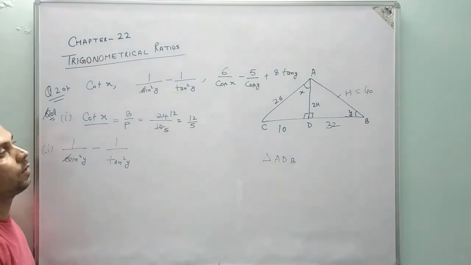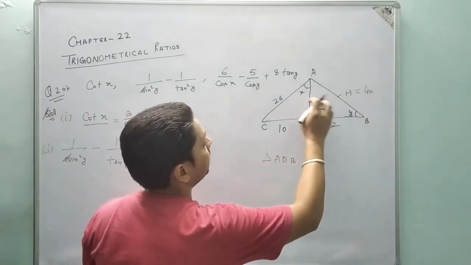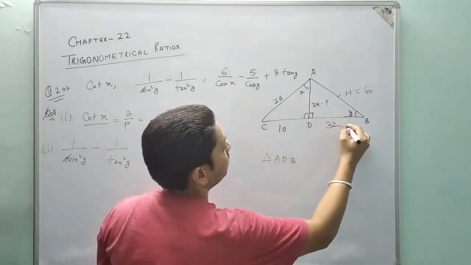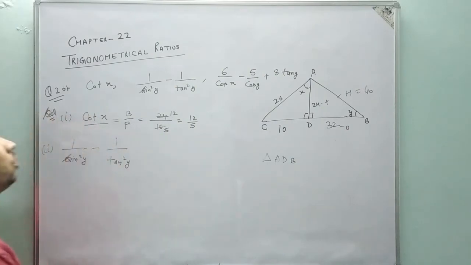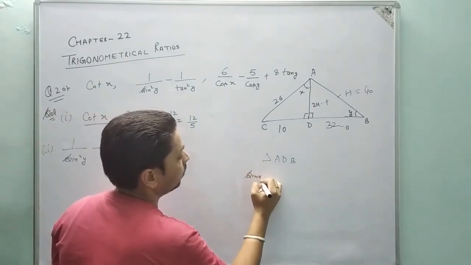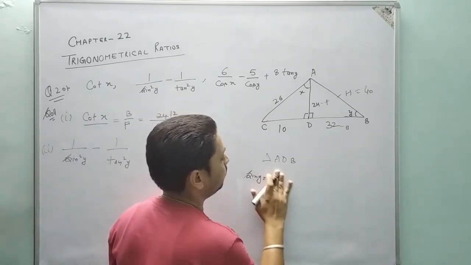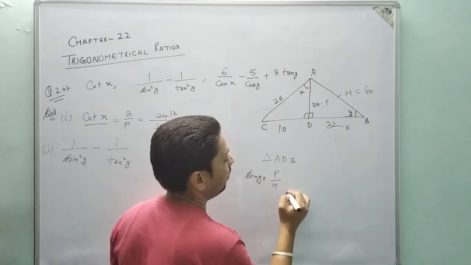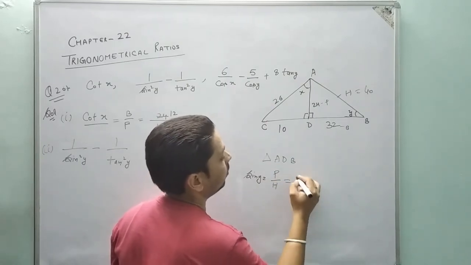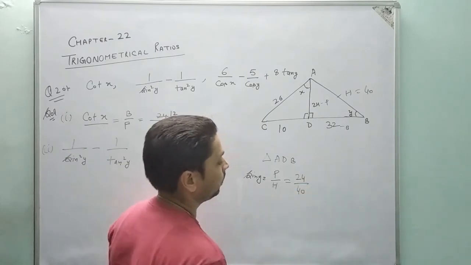In this triangle, this is the base angle, this will be your perpendicular, and this will be your base. So sine of y will be equal to perpendicular upon hypotenuse. Perpendicular is 24 and hypotenuse is 40.